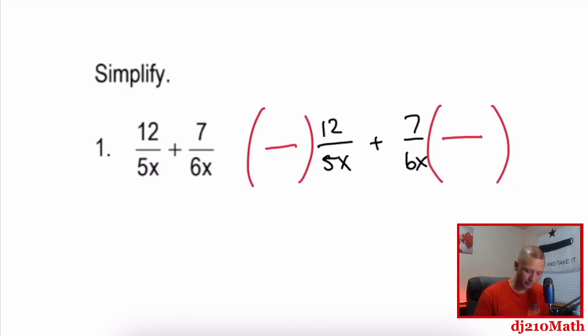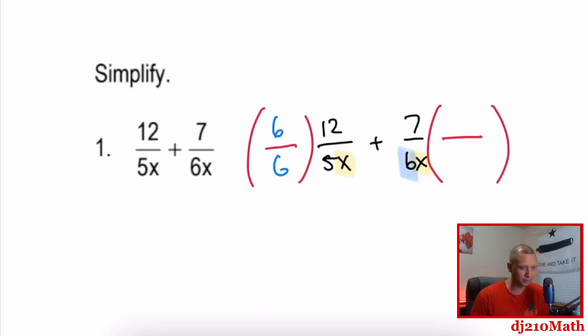The other denominator has an x. The denominator on the right has an x. Okay, so I'm not multiplying by that. The other denominator has a 6. So that's what I'm going to multiply the left side by.